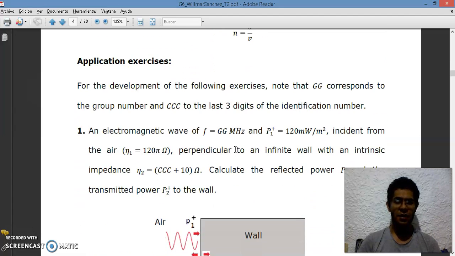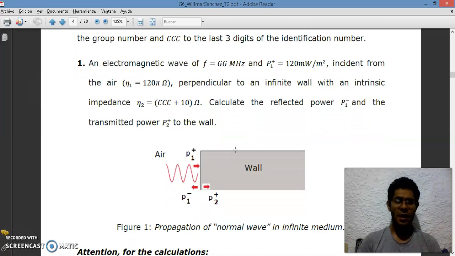Okay, application exercise. First, an electromagnetic wave of frequency GHz and power 120 incident from the air perpendicular to an infinite wall with an intrinsic impedance. Calculate the reflected power and the transmitted power to the wall.